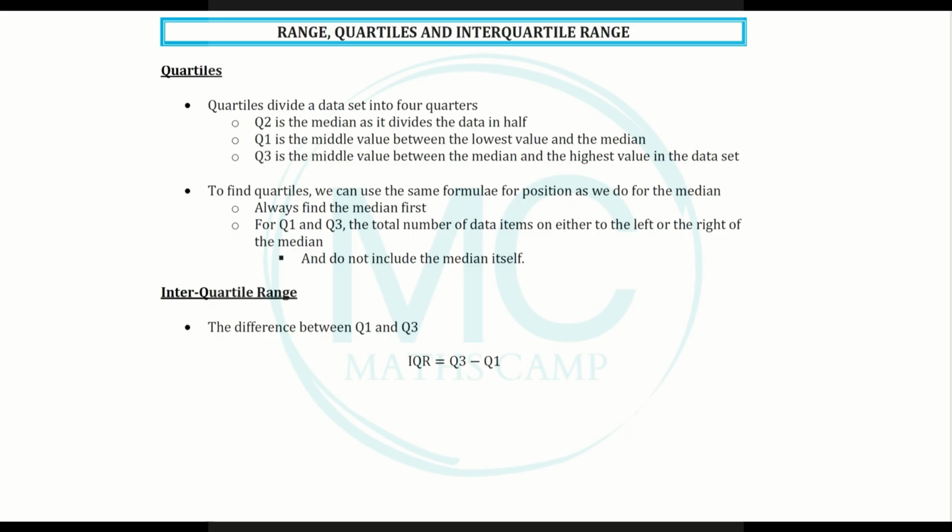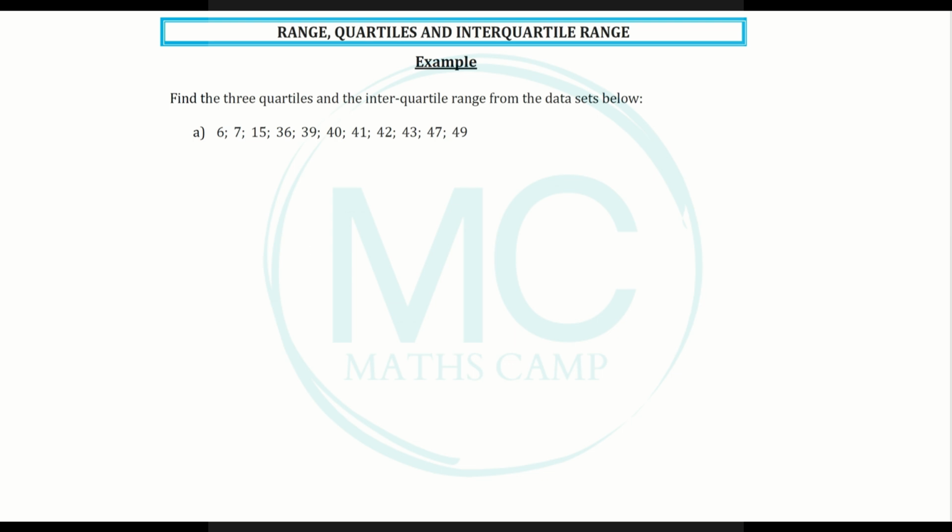Let's look at some examples of how we work with quartiles. Find the three quartiles and the interquartile range from the dataset below. In our set, we have 3, 6, 9, 11 values. So let's start by finding the position of the median Q2. So I can say the position is equal to n plus 1 over 2.